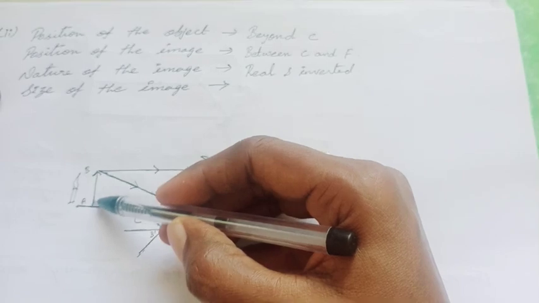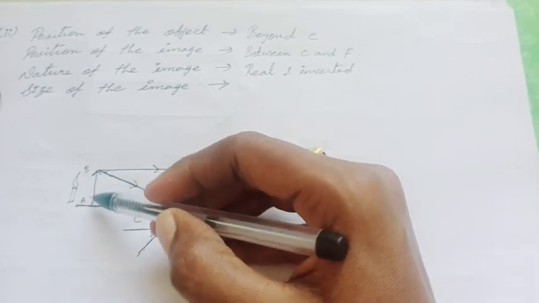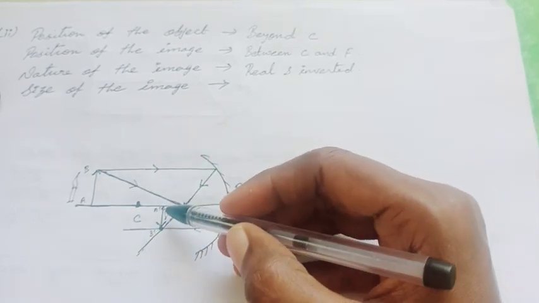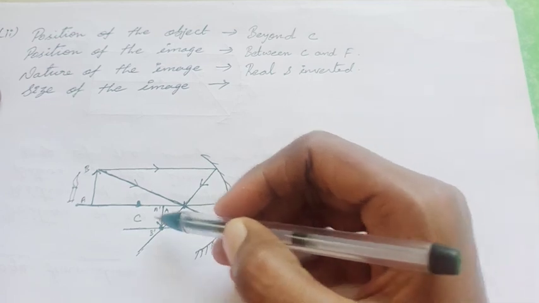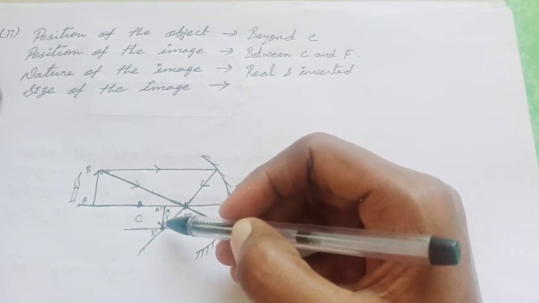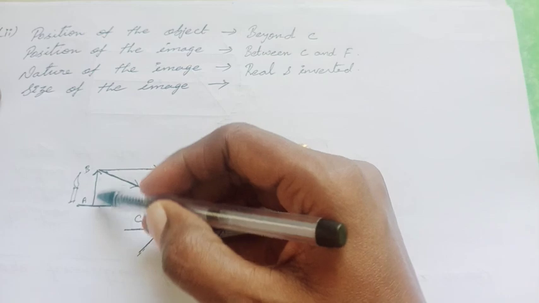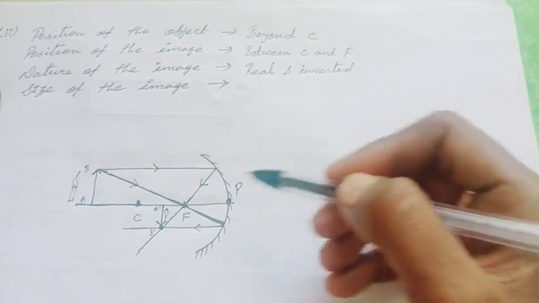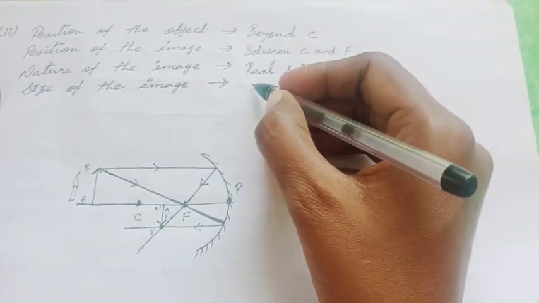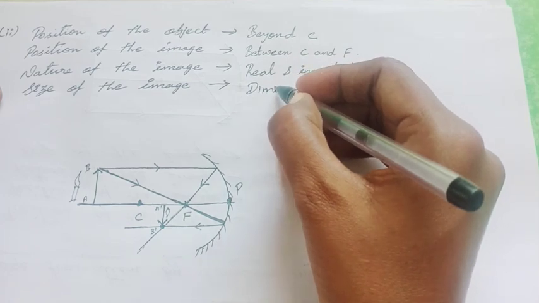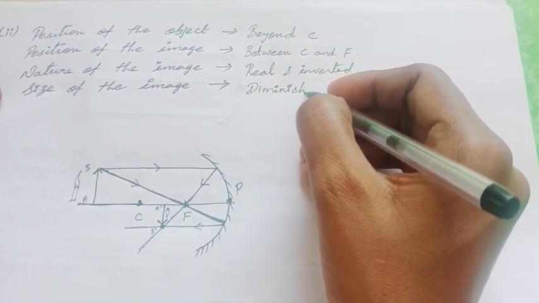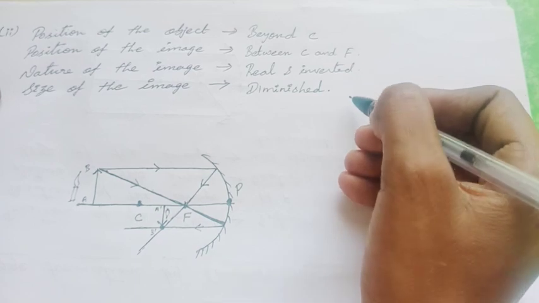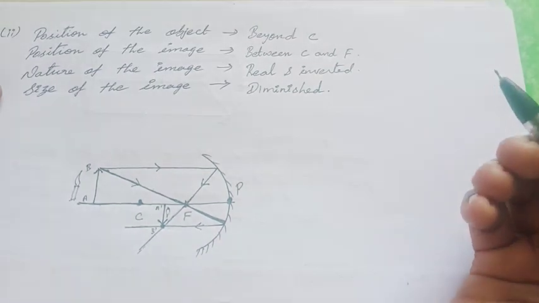See, compare the size of the arrow mark, the upward arrow mark, and here it is the downward arrow mark. It will be somewhat small when compared to the height of the object. So the size of the image will be diminished. What will be the size of the image? It is diminished. Is it clear, students?